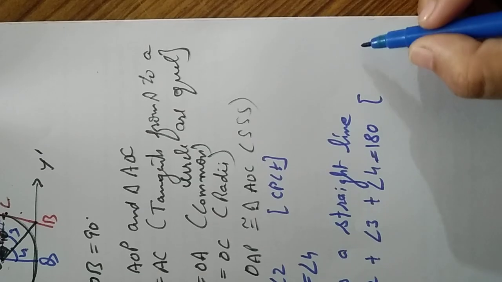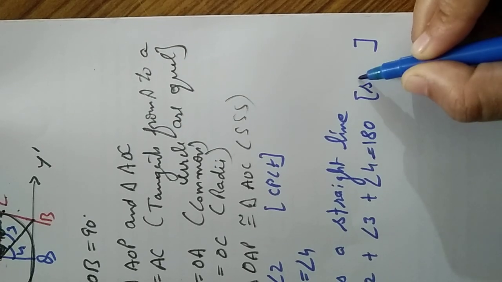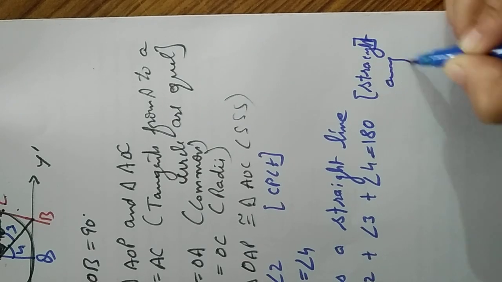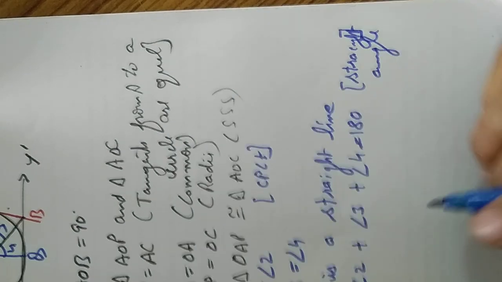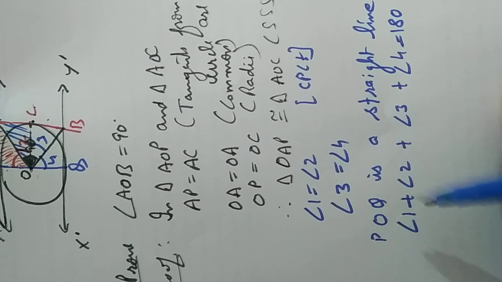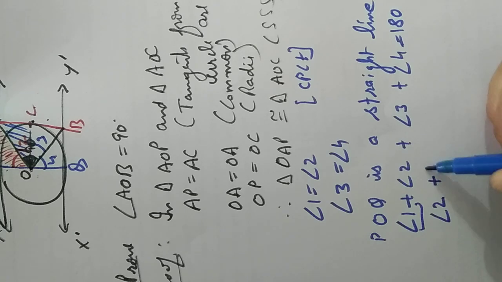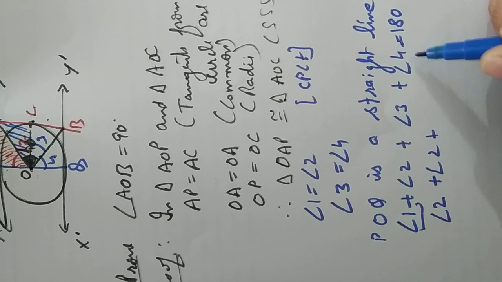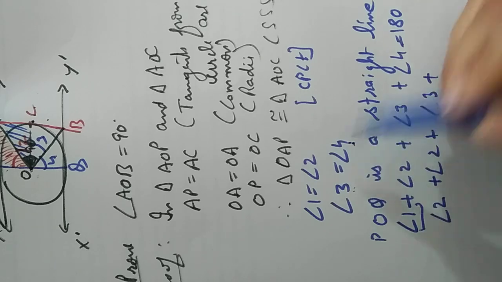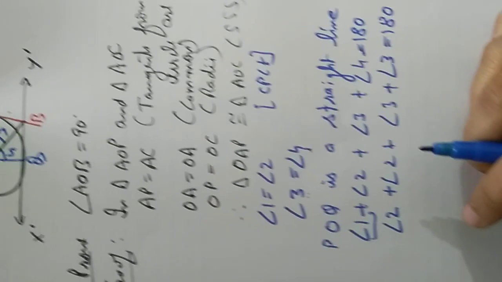So you can write, because POQ is a straight line, or you can write here straight angle. Now you can see here we have written angle 1 is equal to angle 2, so in place of angle 1 I am going to write angle 2. Angle 3 and 4 are equal, so in place of 4 I am going to write angle 3.